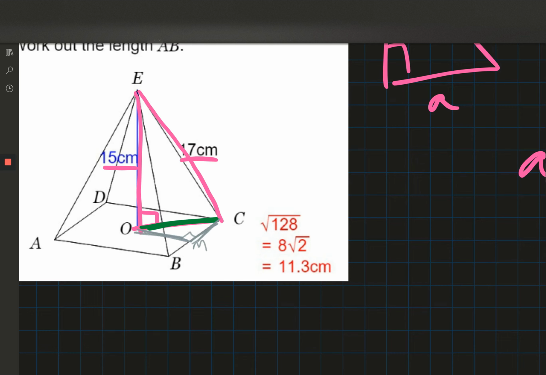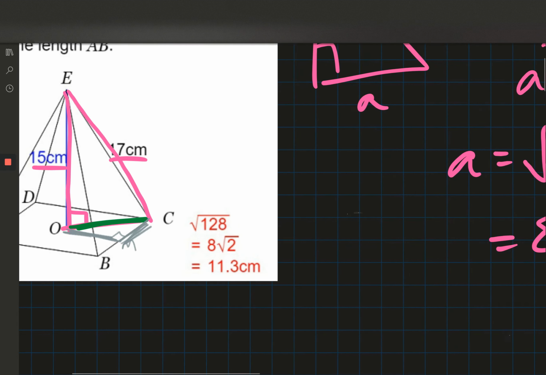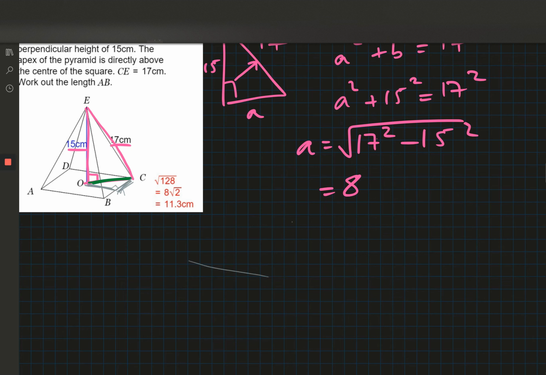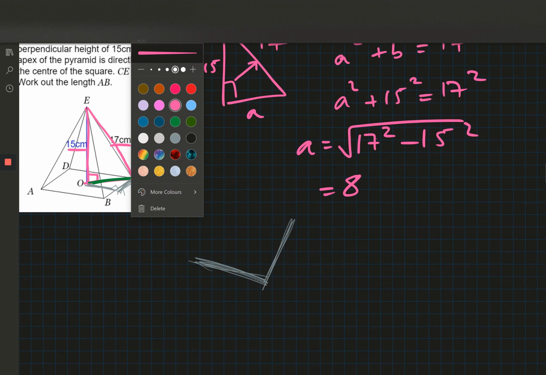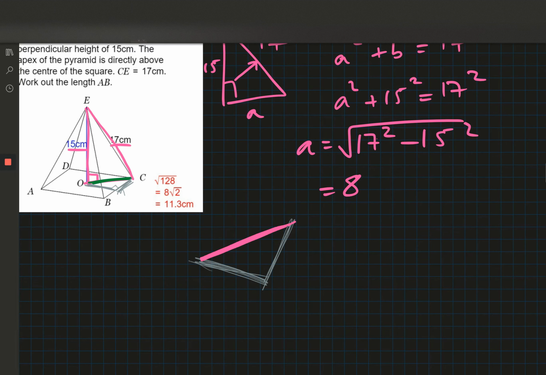And this length here is the same as that length there. Looking at that triangle from above, you end up with something like this. You know that this length is 8. More importantly, you also know that this length is something, we'll call it X, and we can call this length X as well, because those two lengths match.